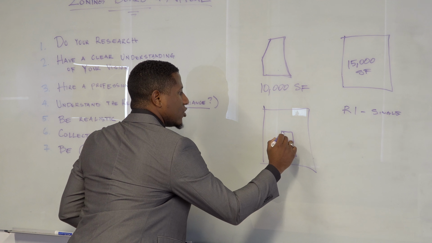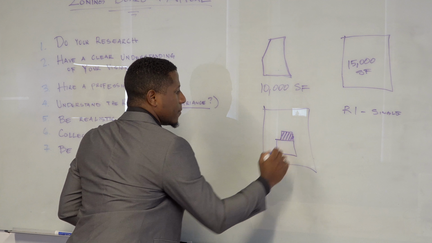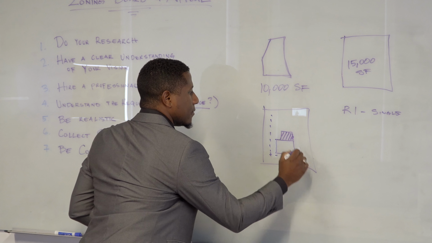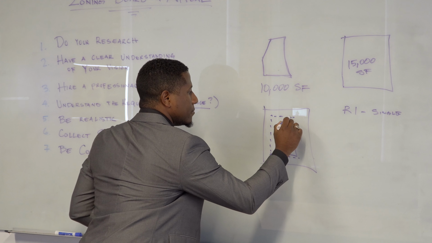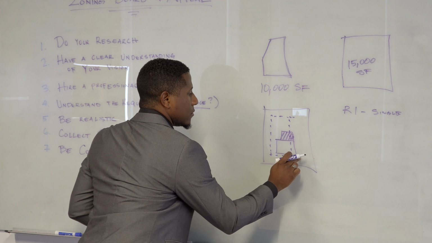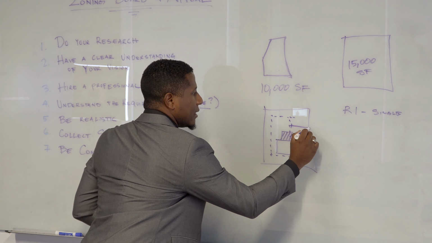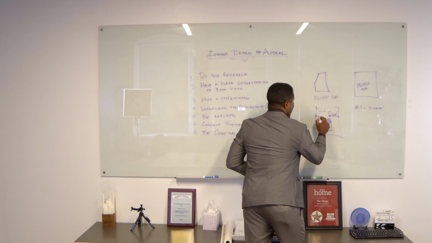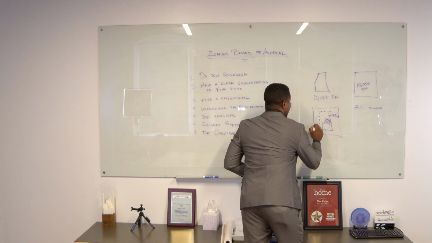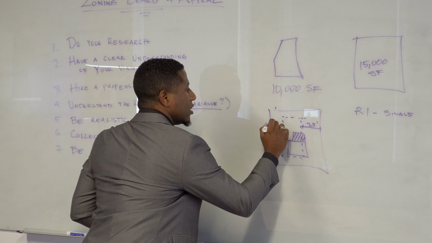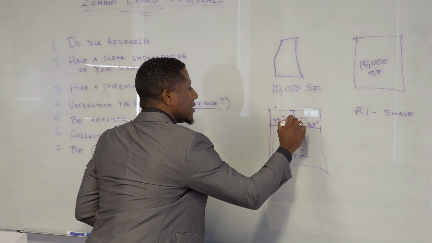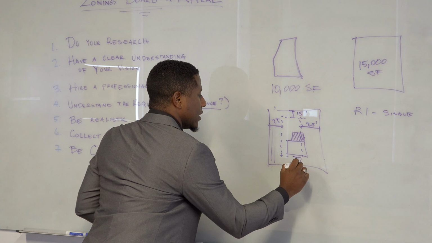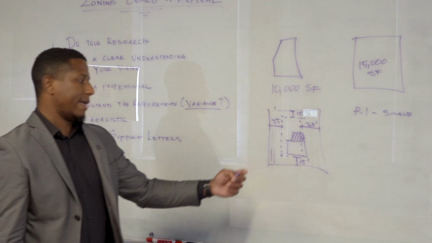Let's say you want to do an addition at the back of your house, and let's say on this end, the setback is 25 feet. Let's say on this end, let's actually make it equal here, it's 25 feet. The back, let's say, is 15, for example. The front, let's say, is 15, just to make it dramatic.